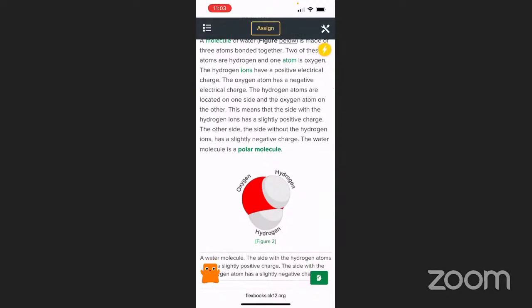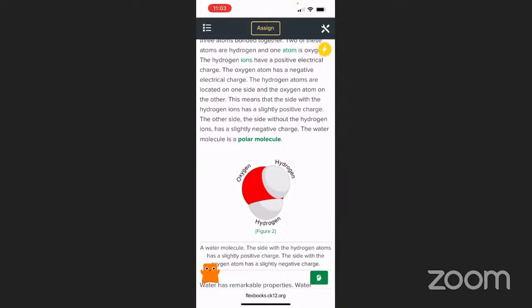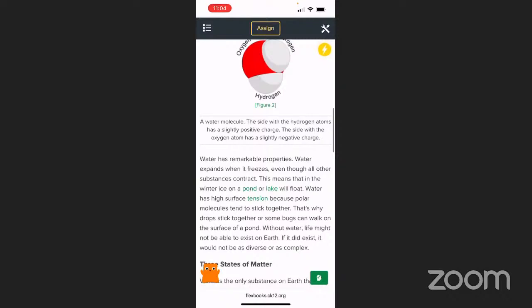The hydrogen ions have a positive electrical charge. The oxygen atom has a negative electrical charge. The hydrogen atoms are located on one side and the oxygen atom on the other. This means that the side with the hydrogen ions is slightly positive and the other side has a slightly negative charge. The water molecule is a polar molecule.